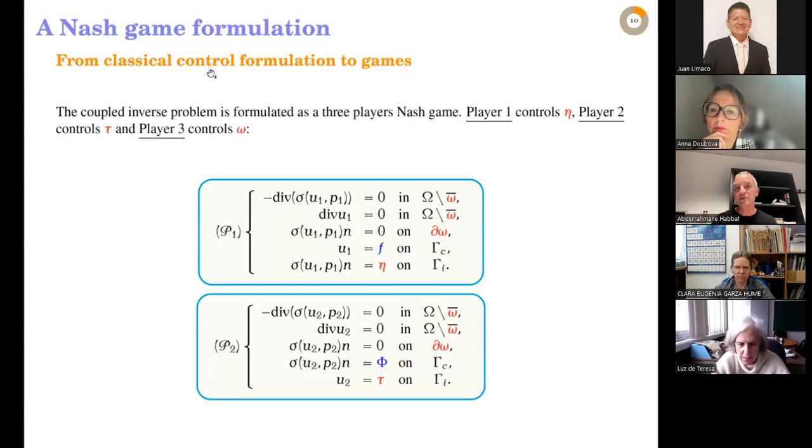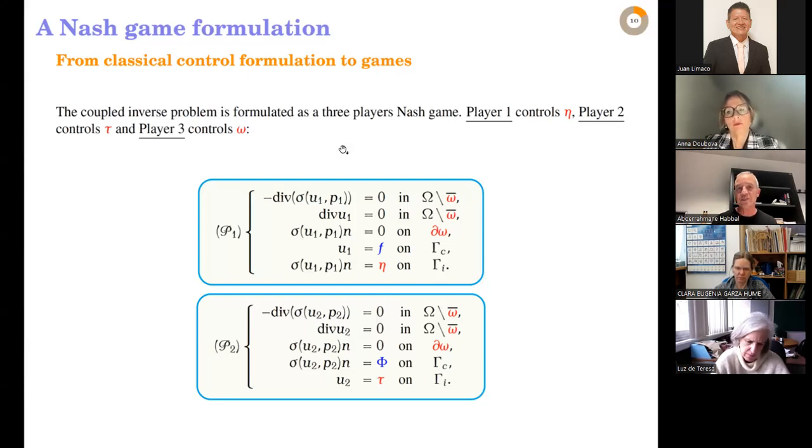And the classical control formulation can be seen as just using the pair of control variables eta and tau, and I minimize some functional with respect to eta and to tau, as you will see just after this slide.